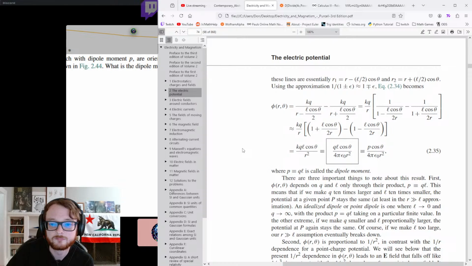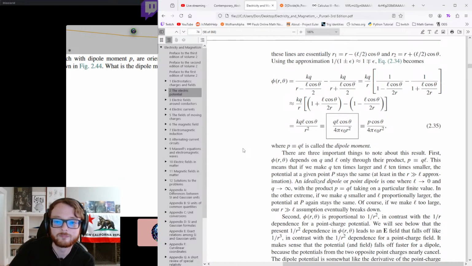I'm looking at equation 2.35 in the chapter, which is the one Don had on screen a minute ago. I brought it back up. It said the potential was Q times L times cosine theta. Oh yeah, here it is on the screen. So what's different?